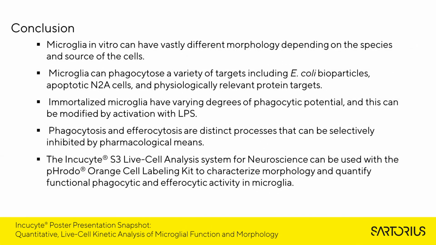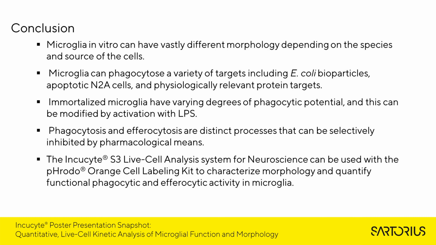So, in conclusion, microglia in vitro can have vastly different morphology depending on the species and source of the cells. Microglia can phagocytose a variety of targets, including E. coli bioparticles, apoptotic neuro2A cells, and physiologically relevant protein targets. Immortalized microglia have varying degrees of phagocytic potential, and this can be modified by activation with LPS.